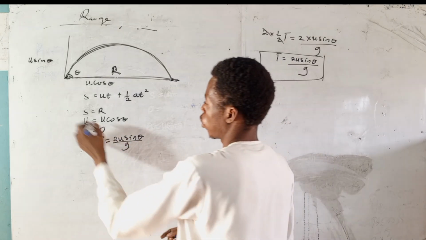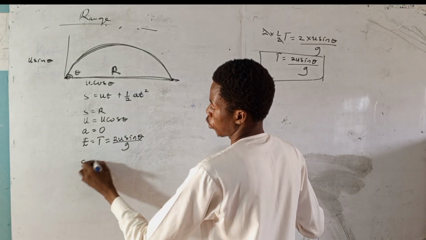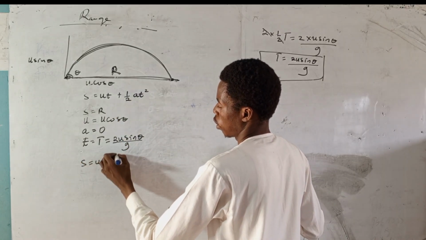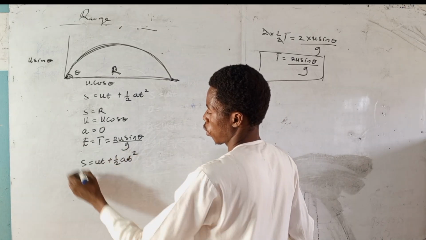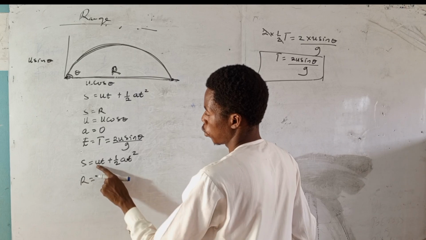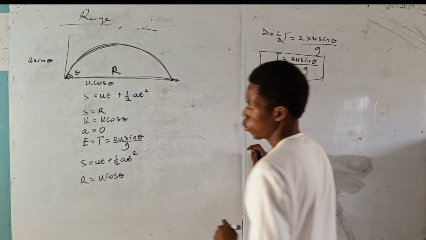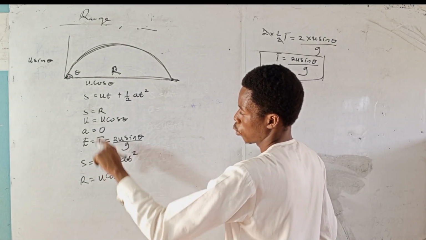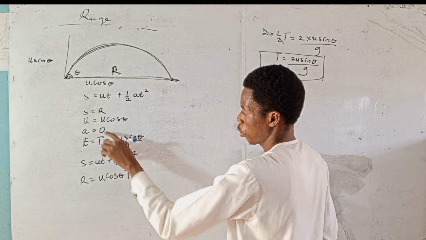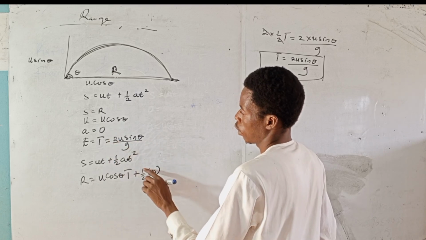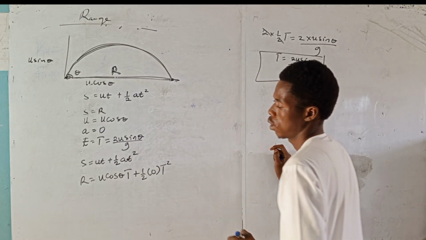So let's substitute all this back into this equation. s equals ut plus half at squared. s is equal to R, u equals u cos theta, t equals T, plus half a, where a equals 0, and then T squared.